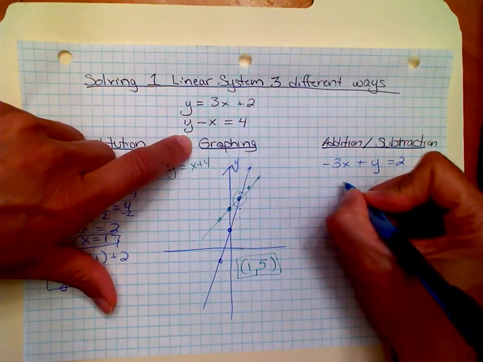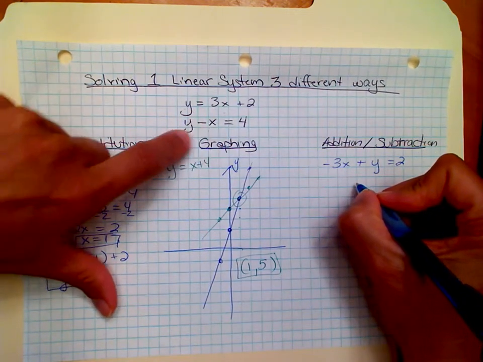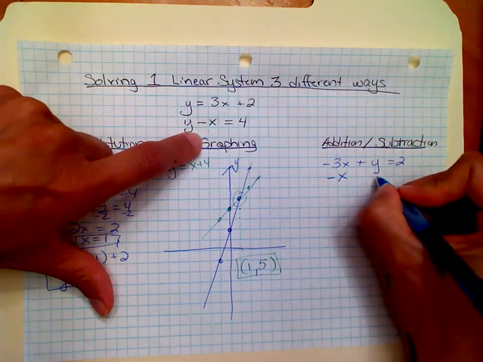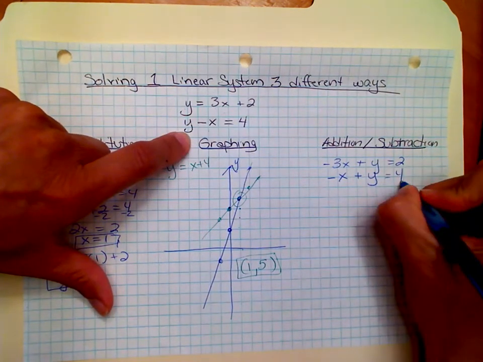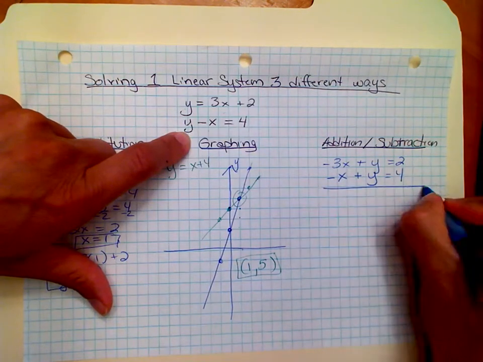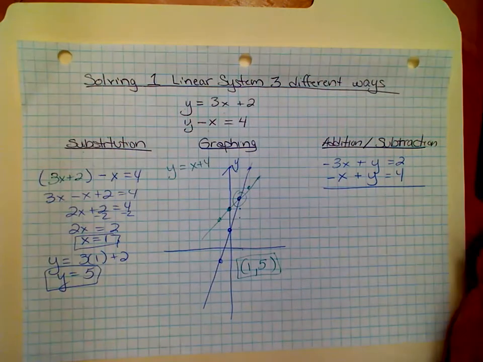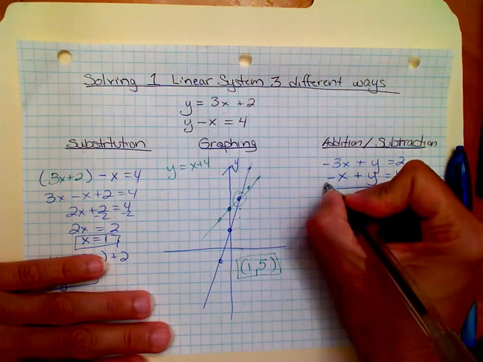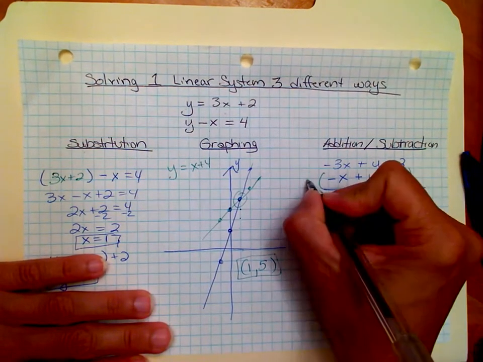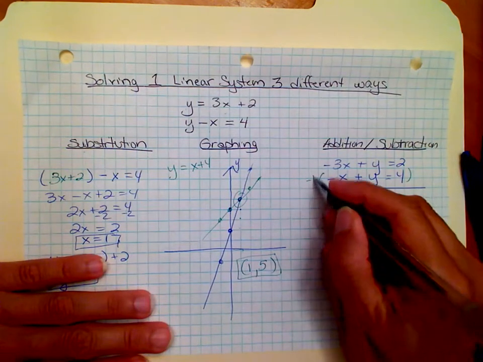And then I'm just going to have to switch these. I don't change the signs if I'm just switching the order. So I switch the order over there. And then I combine. I want to have the same sign, so I'm going to multiply this all by negative 1.